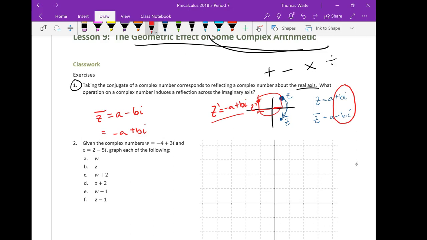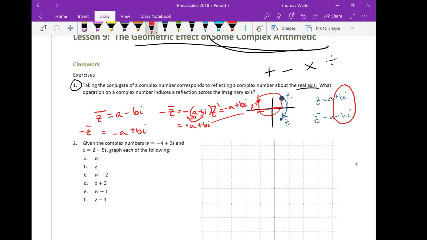That is, we could take the negative conjugate of z, which would be negative a minus bi, distribute our negative, and you'll get negative a plus bi. So however you want to look at it, as the negative conjugate or just making the real part negative, either one is fine.